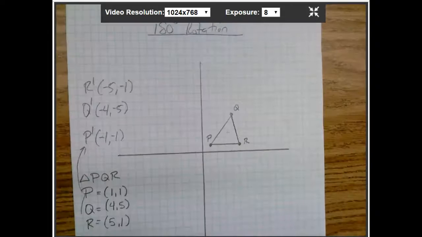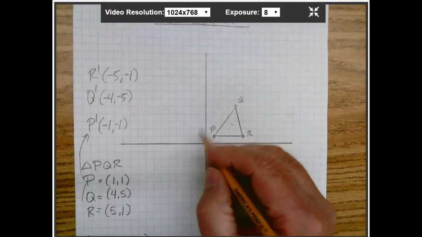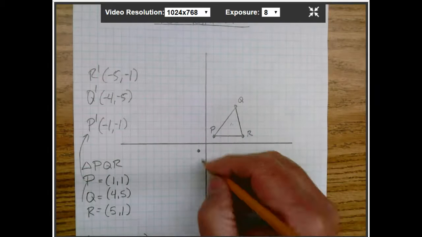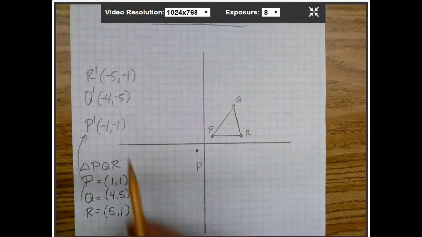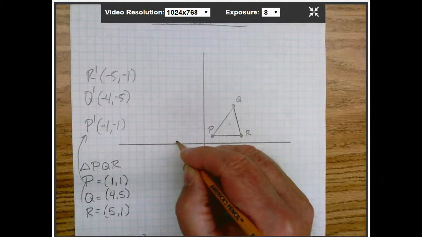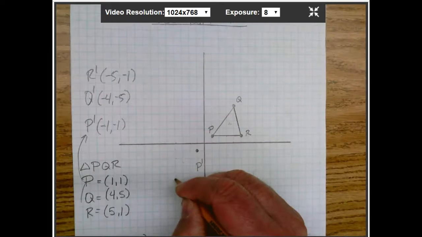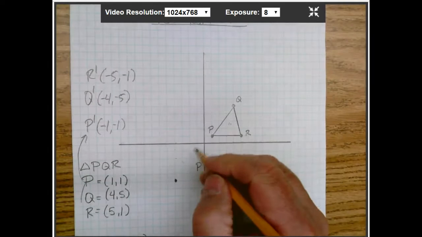And then if we just take those points and put them in, so we got negative 1, negative 1, it'd be right there. That's P prime. Let's put that right there. And then Q prime is negative 4, negative 5. So 1, 2, 3, 4, and then 1, 2, 3, 4, 5 right there. And then we have R is negative 5, negative 1.